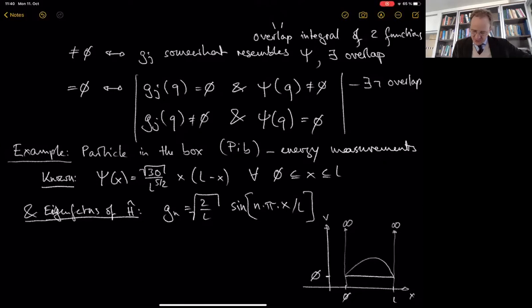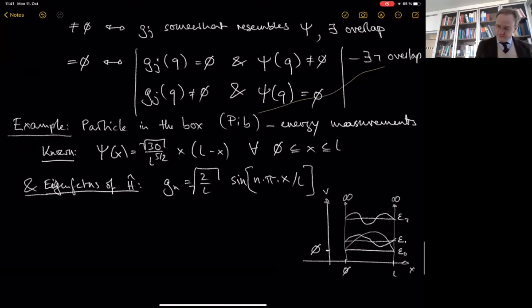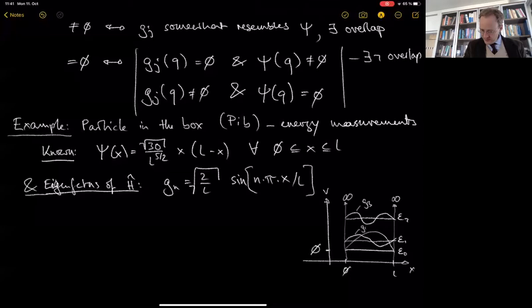And you also know that as you go up in the particle in the box, very important, the distances between the levels increase quadratically. So this is some 0, some 1, some 2, and so on. This is the eigenfunction G3 then, G2, and so on.